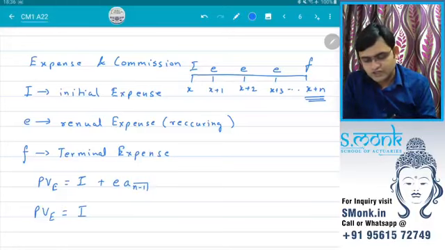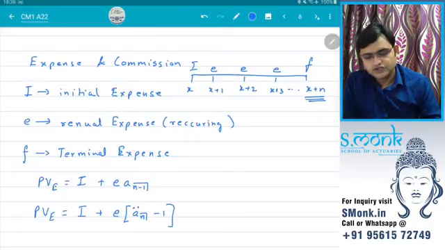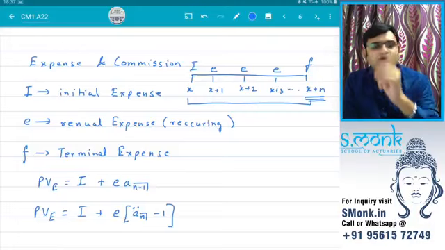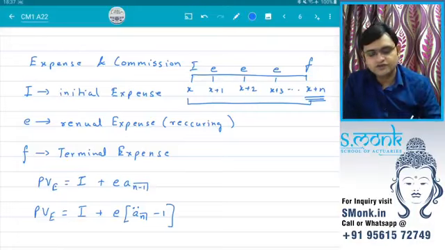I'll say initial plus E, we'll write it as a-due n minus 1. So renewal expense is going for n years in advance, except for the first year. We have removed the first year from it.